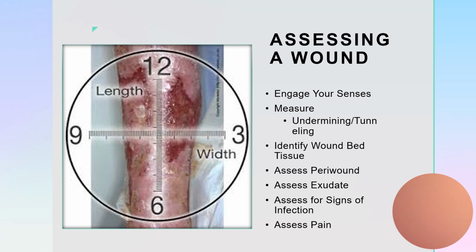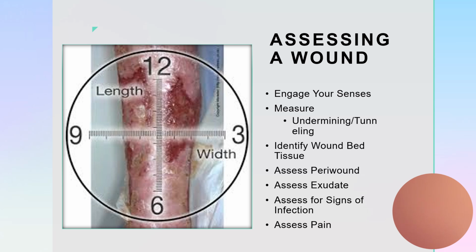And to determine this, we take the cotton-tipped applicator and we just basically run it around the edges of the wound. And if it goes under the edge, then we have some undermining. Tunneling is basically what it says. It's tunneling into some portion of the wound bed or around the edges of the wound.